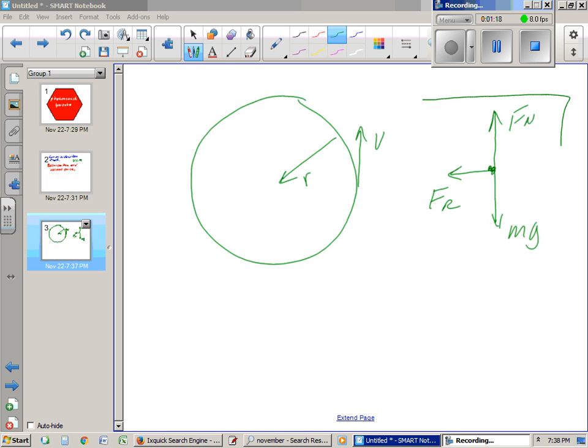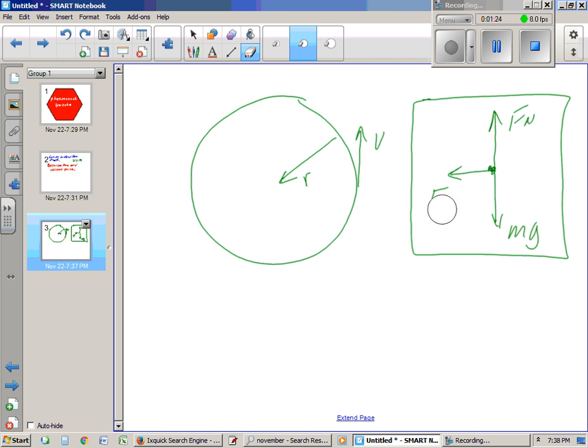And this would be our free body diagram. However, there's really no such thing as a radial force by itself. So what we have to do is replace that with some other real force. In this case, it would be static friction. Remember, it has to be static friction even though the car is rolling, or even though the car is moving. It's got to have static friction, otherwise the car would be sliding with kinetic friction.